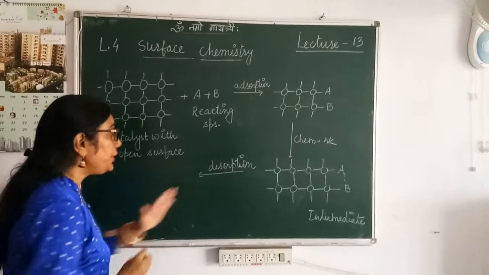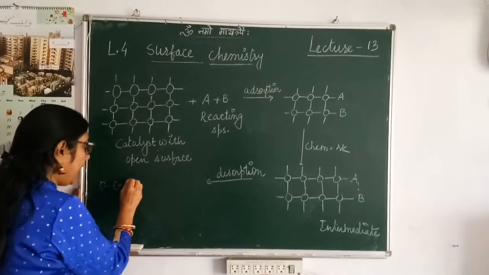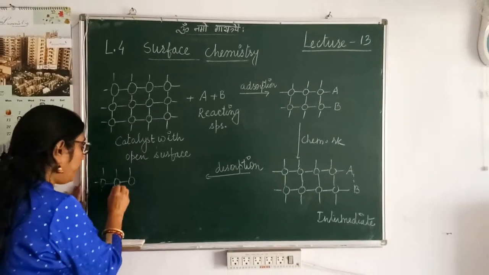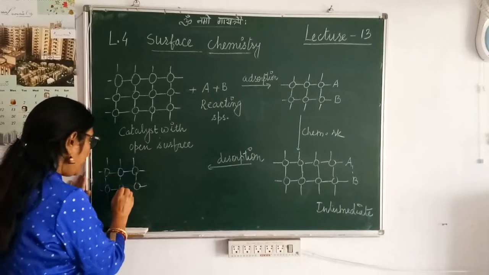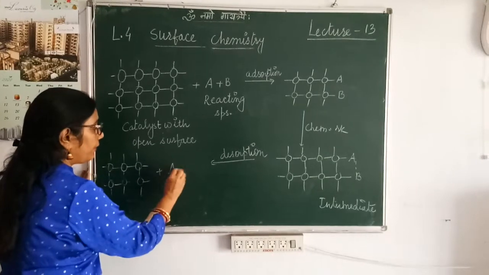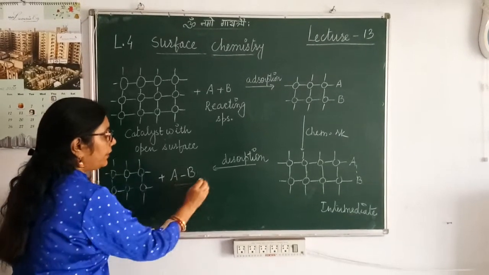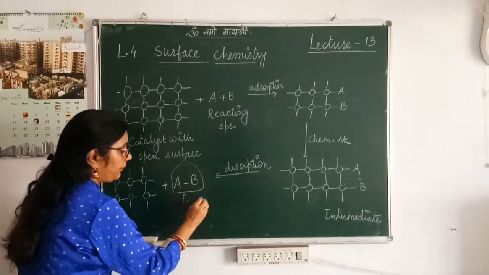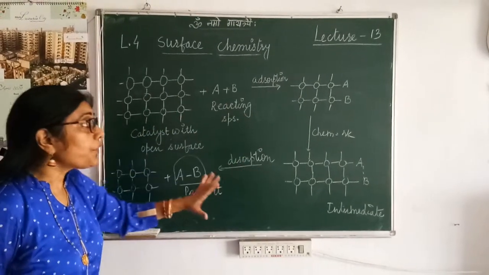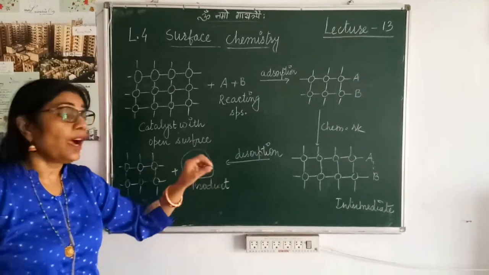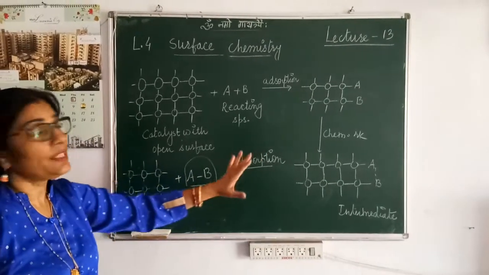After the desorption, what happens? The catalyst is separated with its open surface as well, and the product is formed. Okay, so this is the sequence of reactions which occurs during heterogeneous catalysis.